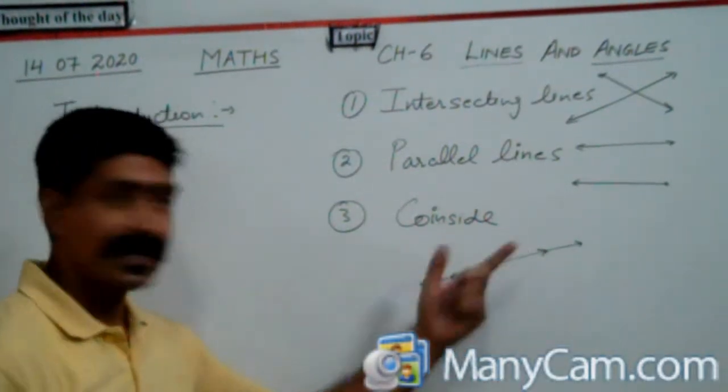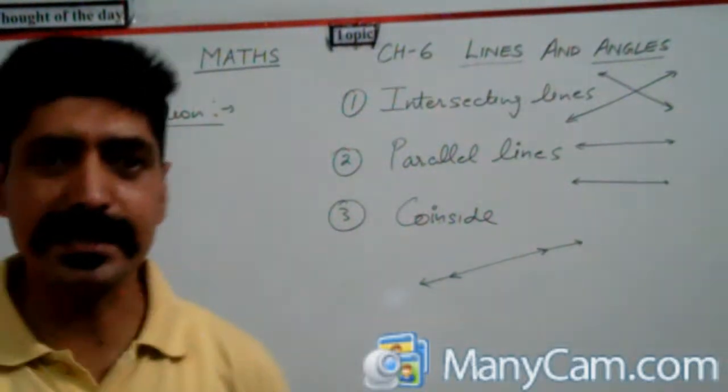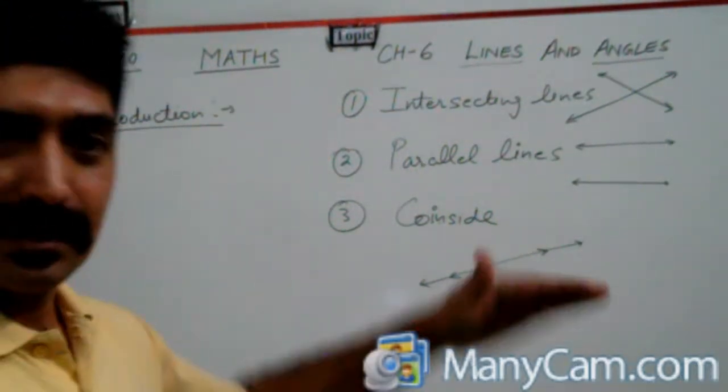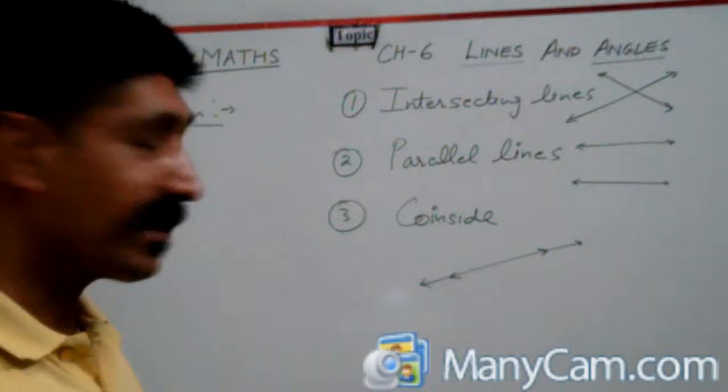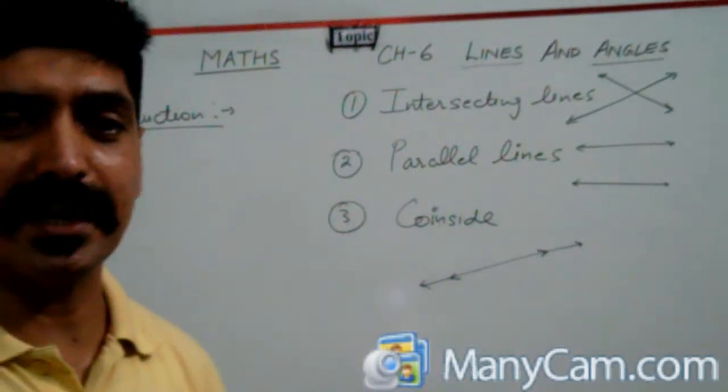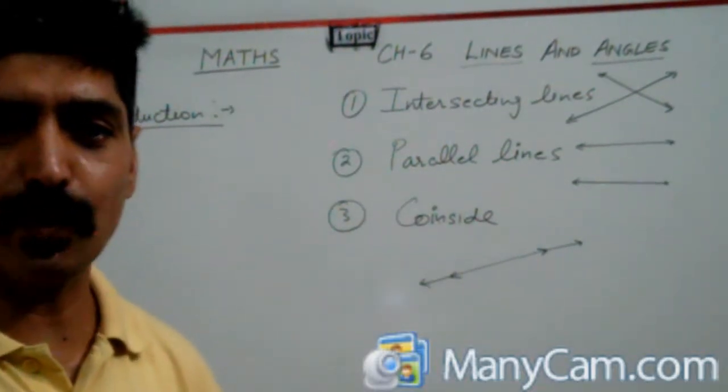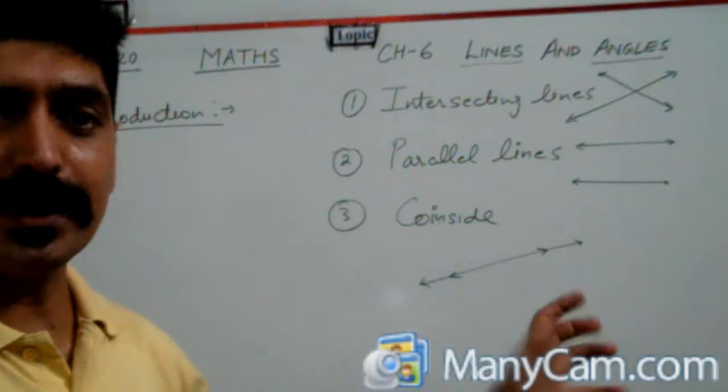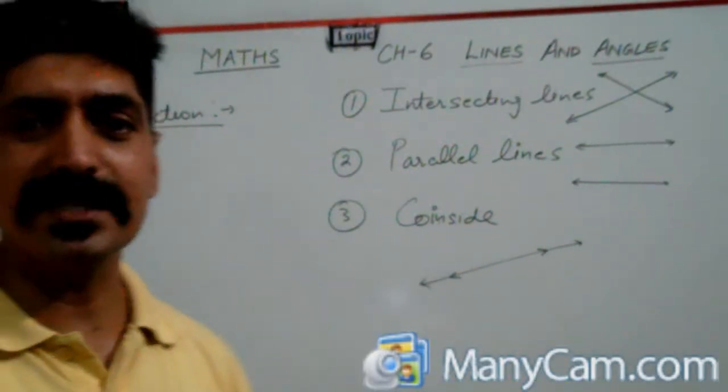Both lines lie on the same line, and all points are shared by both. Then we say one line coincides with the other, or these are coincident lines.